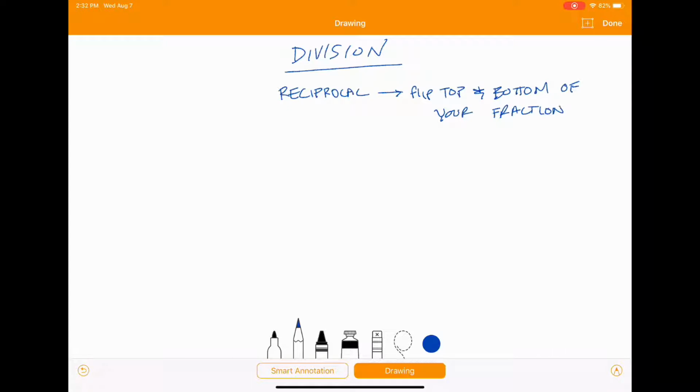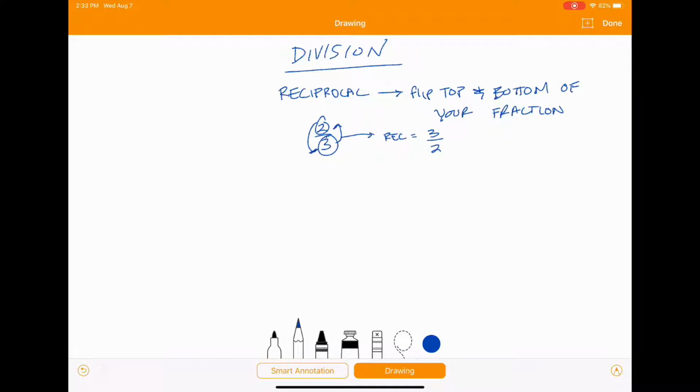So for example, if you had the fraction 2/3, its reciprocal is equal to 3/2. So again, you just take the bottom, put it on the top, take the top, put it on the bottom. So that's your reciprocal.